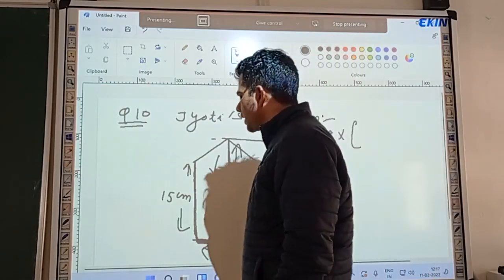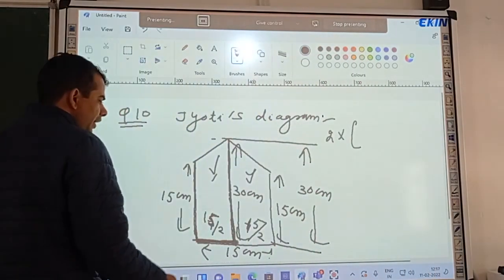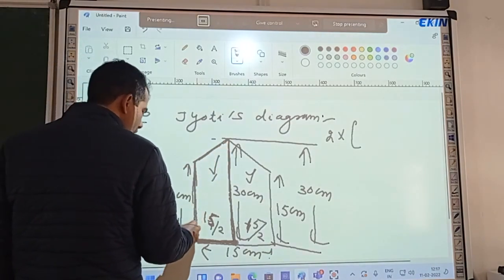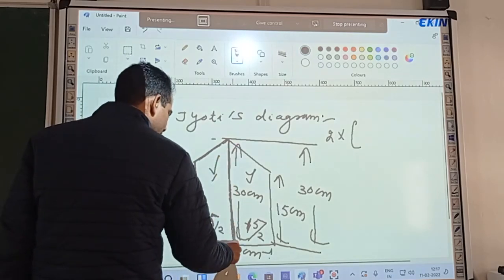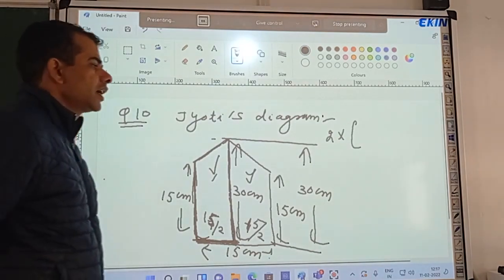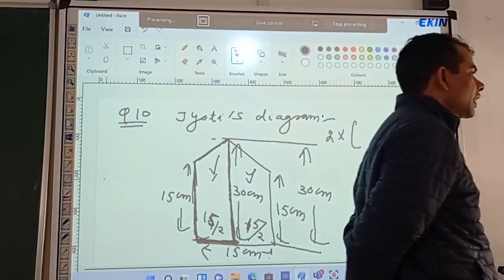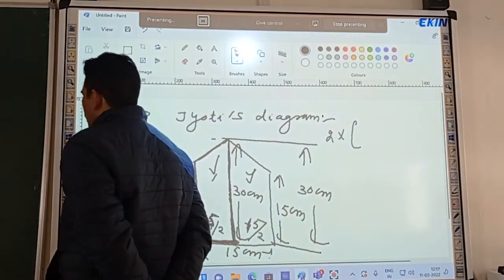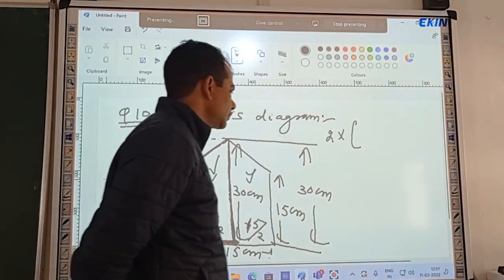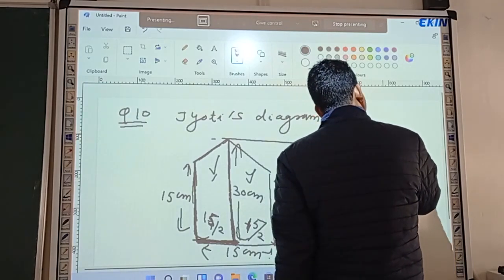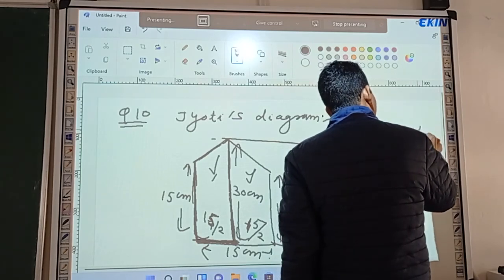Now we will find out the area of a single trapezium and multiply it by 2. If we find out the area of one trapezium and multiply it by 2, the area of the whole diagram will be found. 2 into 1 by 2 into the sum of parallel sides into the distance between them.